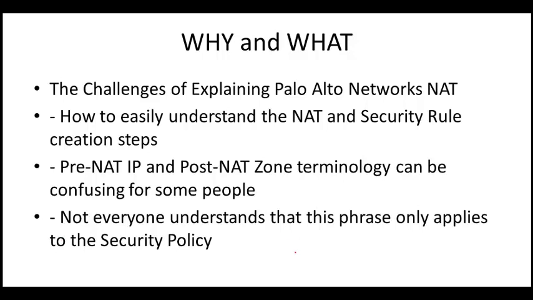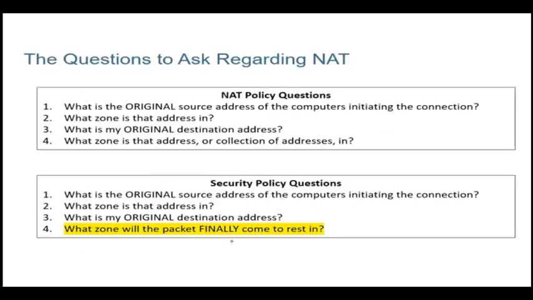All right. So this one we saw in the previous class. When you're writing a NAT policy, these are the questions that you need to ask. What is the original source address of the computers or the devices that initiate the connection?